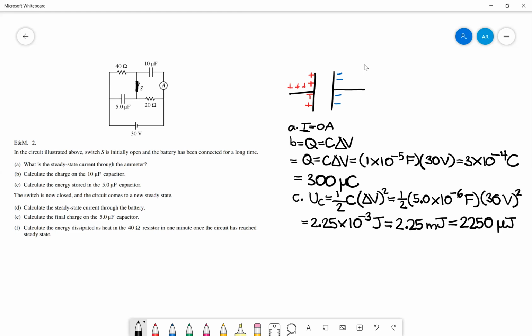Well, before, when the switch is open, when charge was leaving the battery, it couldn't get anywhere, because think of the capacitors as like massive canyons with no bridge.